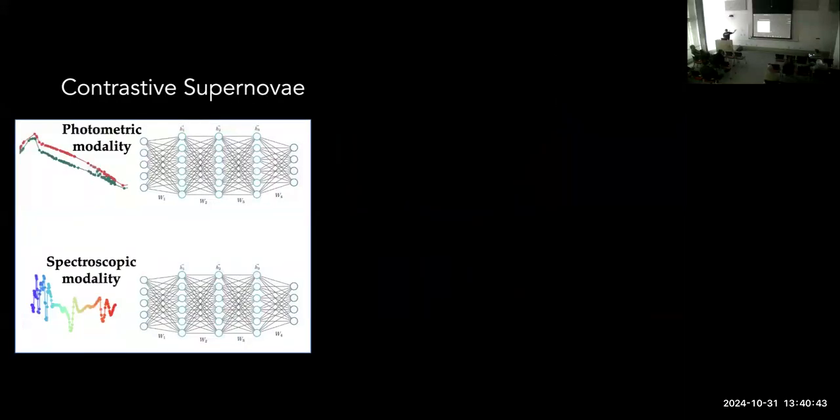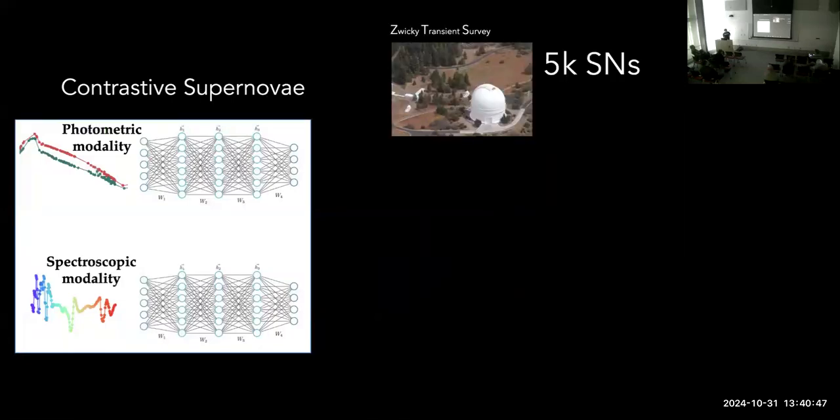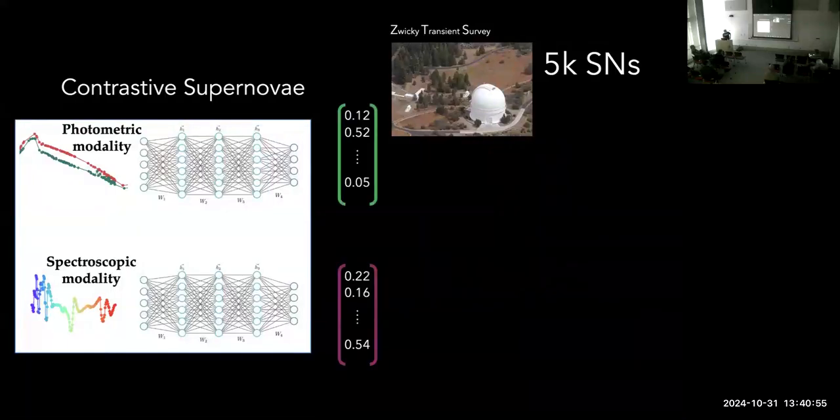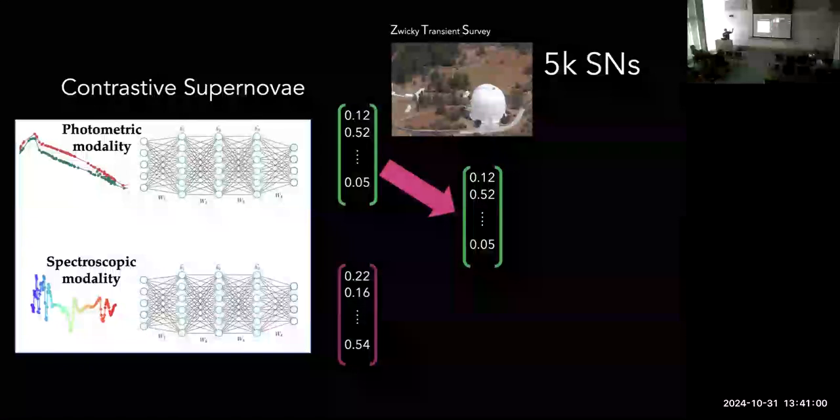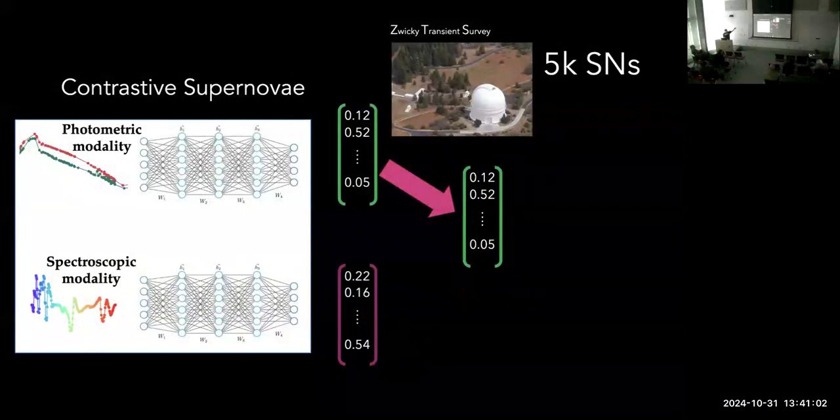So now I'm doing the same thing for the spectroscopic and the photometric modalities. What I'm using here is roughly 5,000 supernovae from the Zwicky Transient Facility, and I get some vectors. And of course, I want to take the photometric one after I train, and see if this is actually something usable.